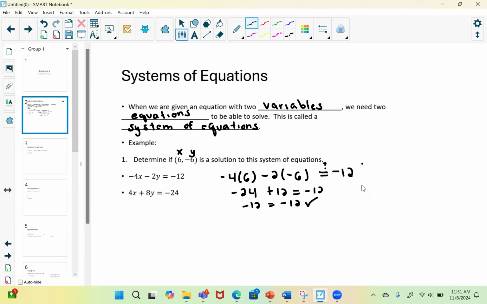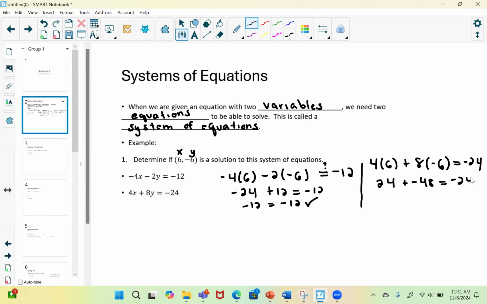So I'm going to check the second one, and I'm going to plug in my x and y here. Again, x is 6, so I'm going to plug that in for x. y is -6. When we plug it in, remember to completely substitute it and not write x anymore because we changed x to 6. So 4 times 6 is 24. 8 times -6 is -48.